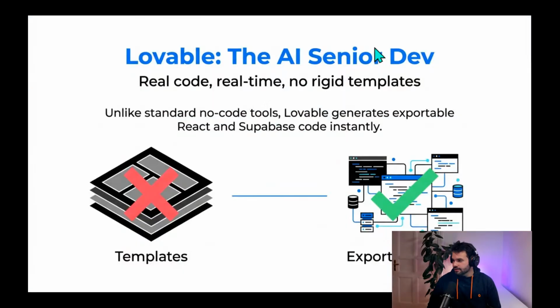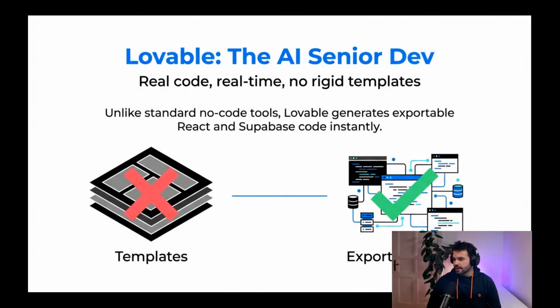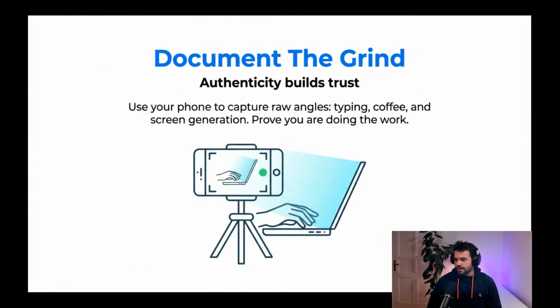So let me actually continue. We are going to be using Lovable here, as I've shared, so we're going to go from start to finish using that. And this is the first thing that I want you to do with me, because it's going to be helpful towards the end.